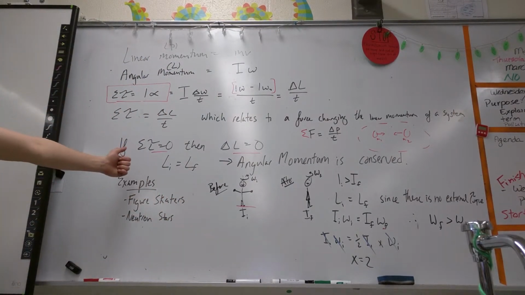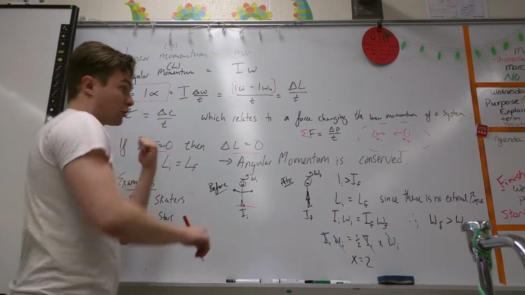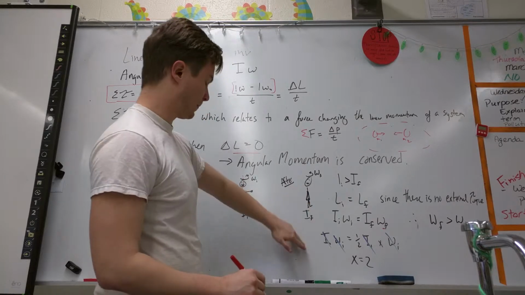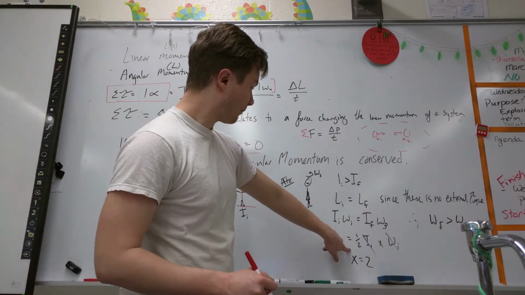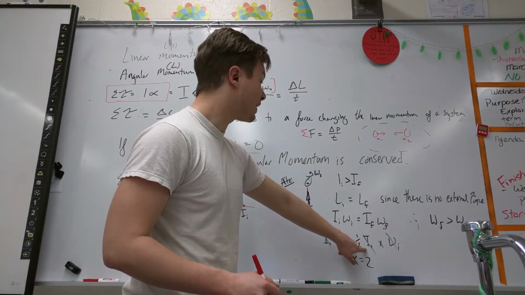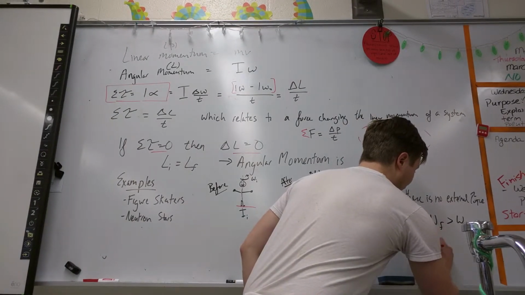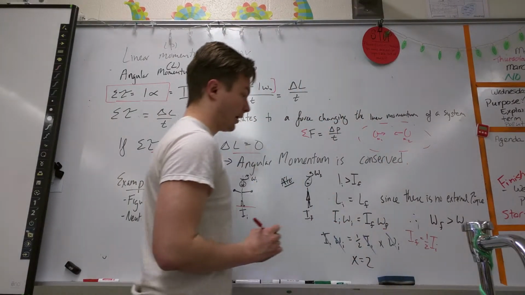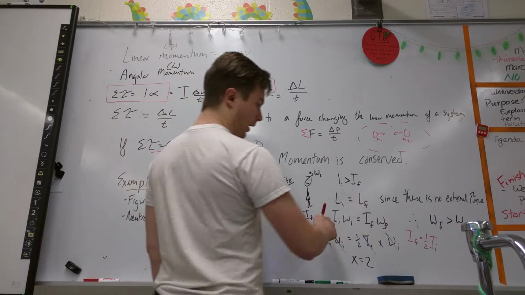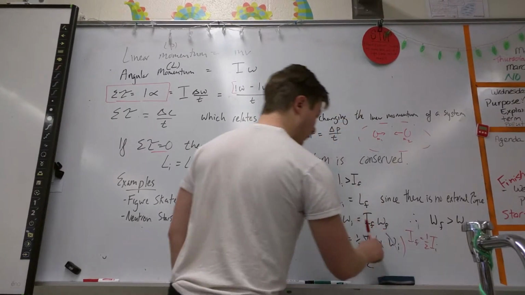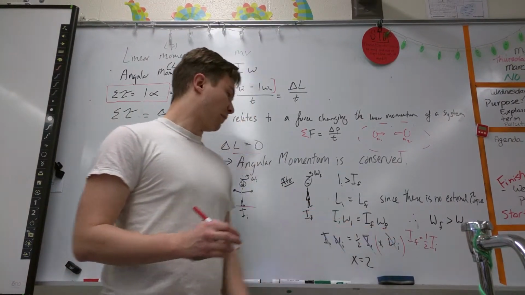So they'll come from this position and they'll bring their hands in, and by doing so, they increase their angular velocity. Here I just put in some numbers if that's easier for you. Maybe this will make more sense. So let's say that my I final is half the value of my initial I. So I plug that in, 1/2 I initial, and I'm trying to figure out what value of x relates omega final to omega initial.